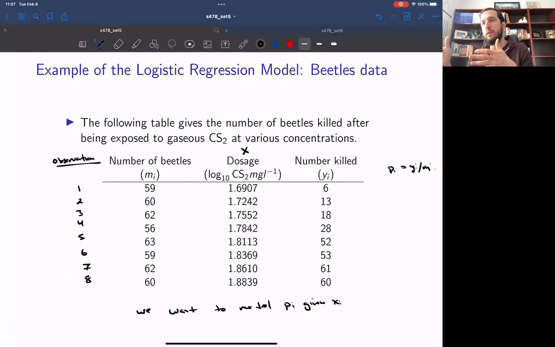So this is clearly a binomial. Each observation is clearly binomially distributed with a set number of trials and a found number of successes. So what we're trying to do here is model the probability of death based off of the exposure level. But again, the response variable is the count, which is the binomial random variable.